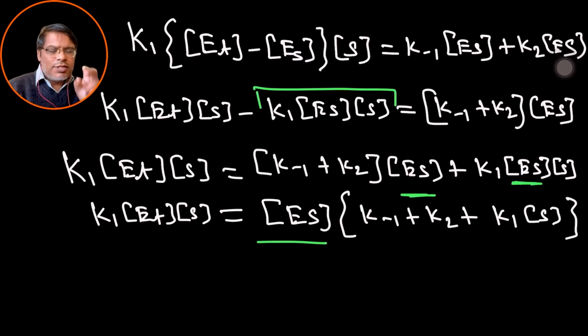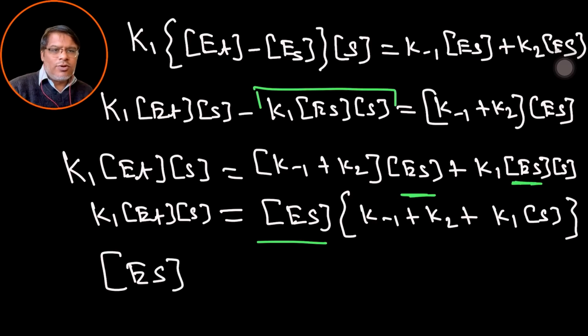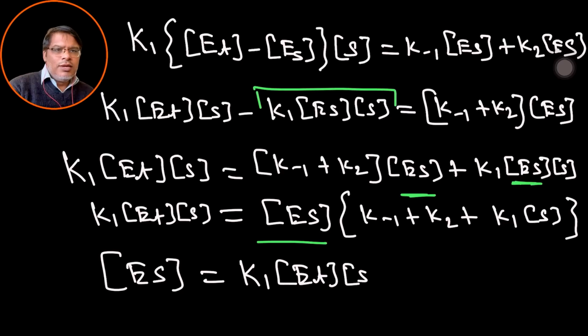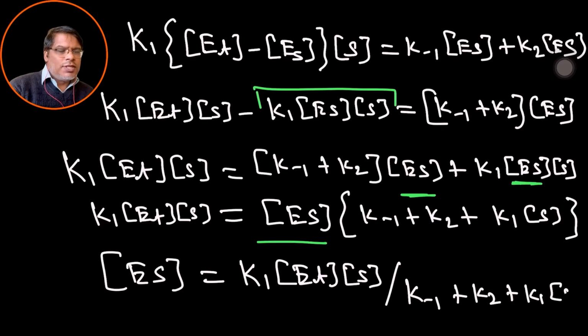So you have just taken out the common term, the enzyme substrate complex. Now solving for the enzyme substrate complex, ES is equal to K1 E_T substrate, divided by K minus 1 plus K2 plus K1 substrate.